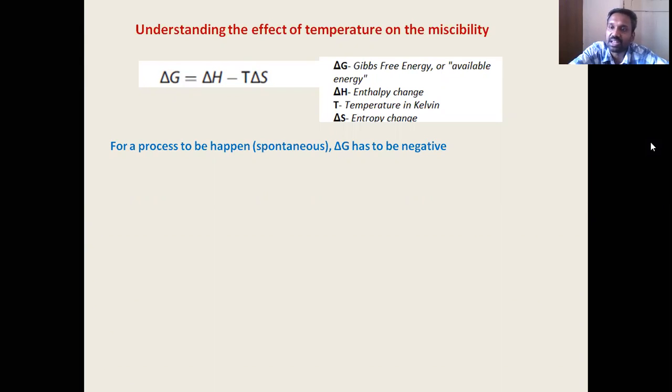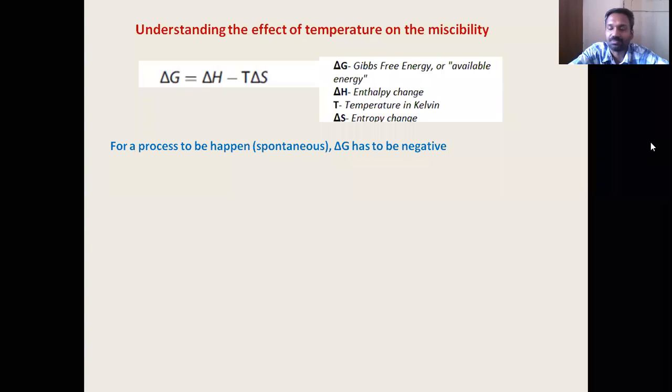For example, heating is a physical process, cooling is a physical process, boiling point is a physical quantity, freezing point is a physical quantity. So many times in physical chemistry, we are looking into physical aspects, physical quantities rather than chemical properties.